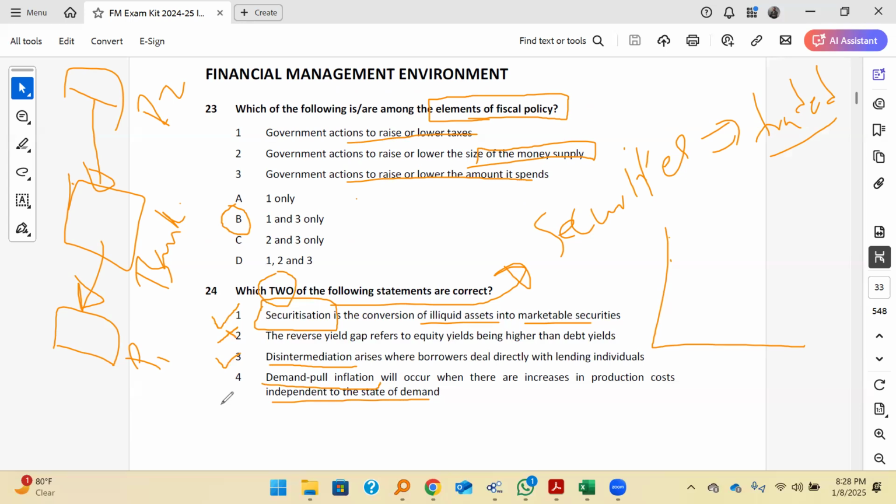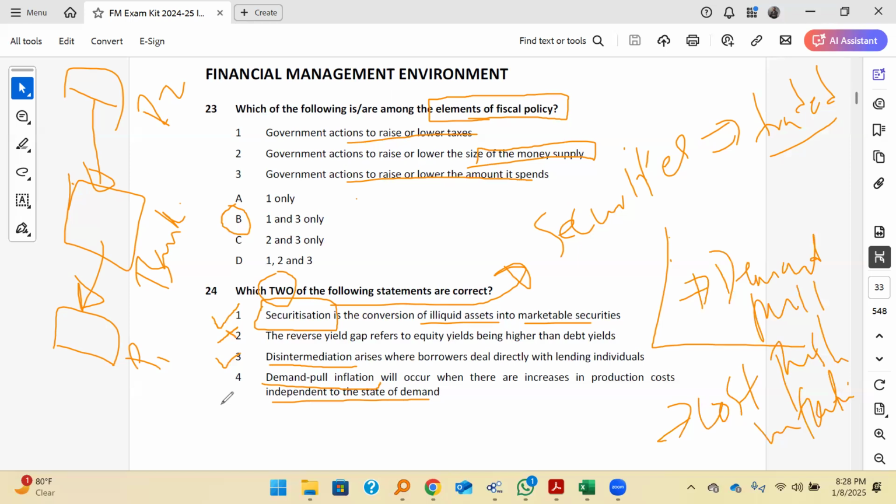Inflation basically is the general increase in the price of commodities, and it has 2 causes. We have what we call demand pull inflation, then we have what we call cost push inflation.